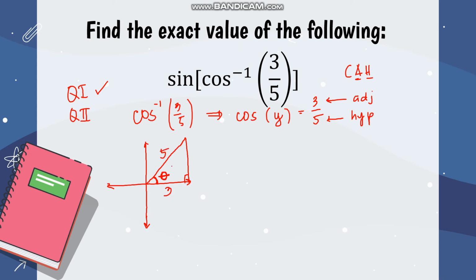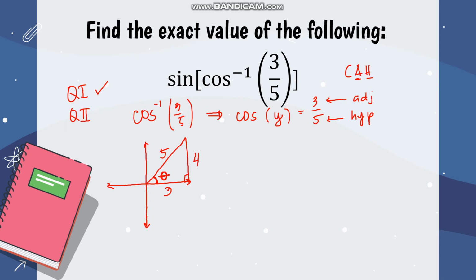So using now the Pythagorean theorem, you can identify the missing side. So 5 squared minus 3 squared will give us 16. You get the square root of 16. Therefore, we have 4. So we're able to complete the right triangle knowing that the cosine of this particular angle is 3 over 5. Now, how are we going to continue answering this?